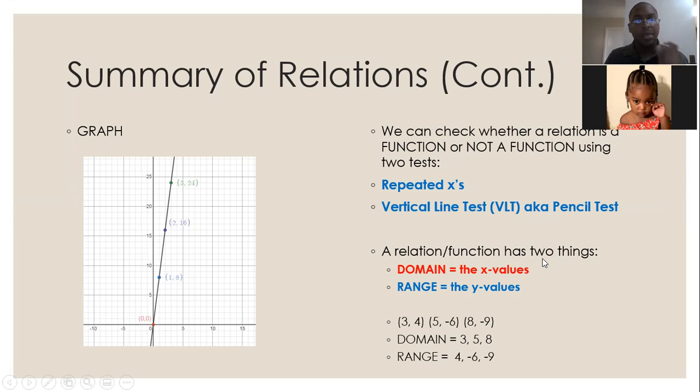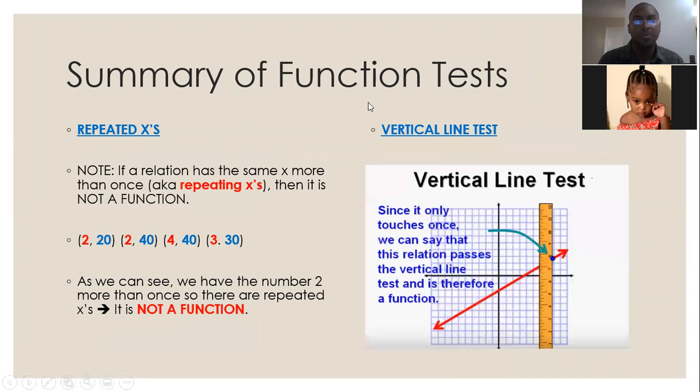And then we said the relation or function has two different things: a domain and a range. The domain is the x values. The range is the y values. Oh, I did do a slide on it. So we said, if the x's are repeating, it's not a function.